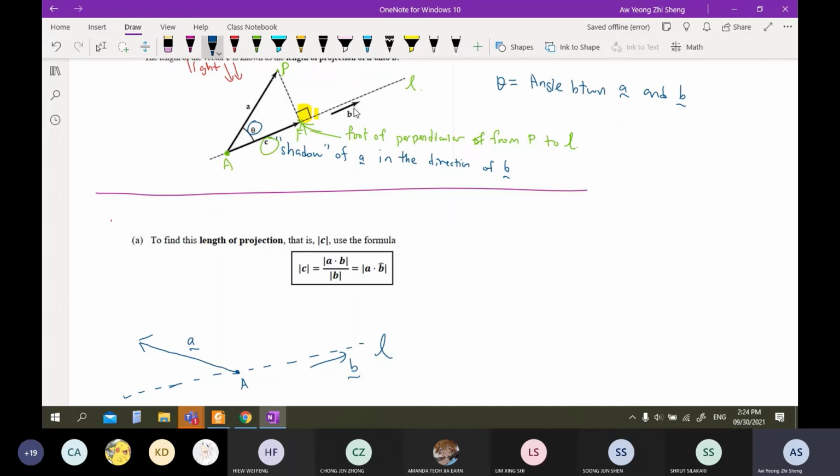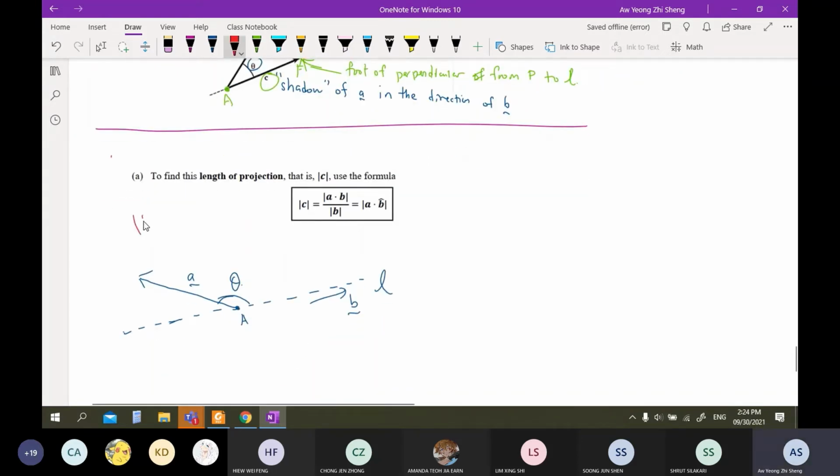As you can see, you can always move your vector B such that it starts from point capital A. And so theta is actually the angle between a and B. If I apply the same definition for theta, my theta will become this position. And my projection vector, if I shine the light from above, will be like this. And my foot is here. This is my length of projection.